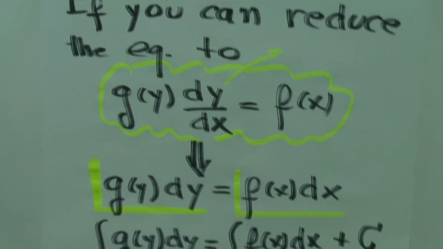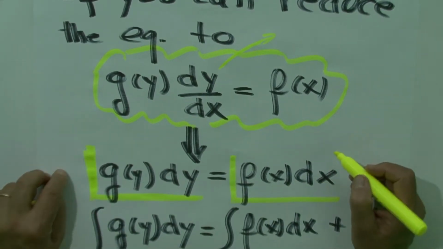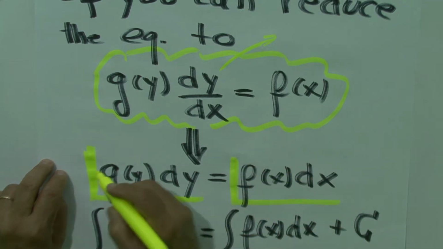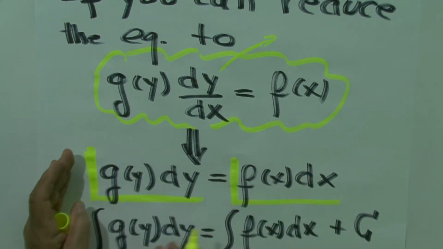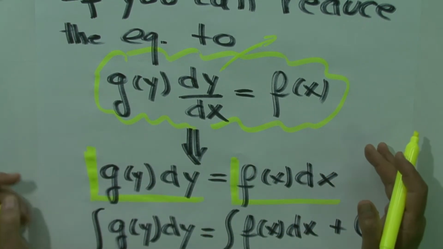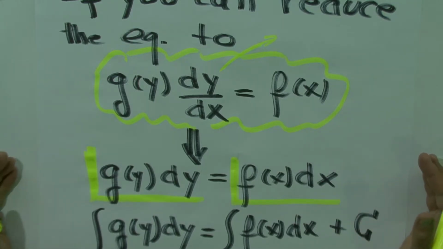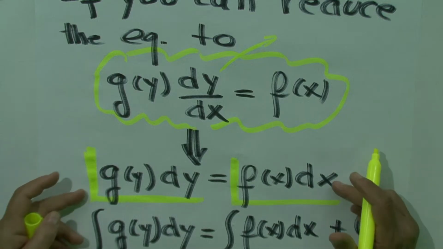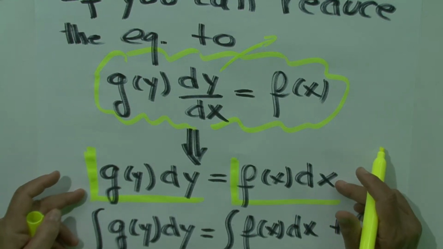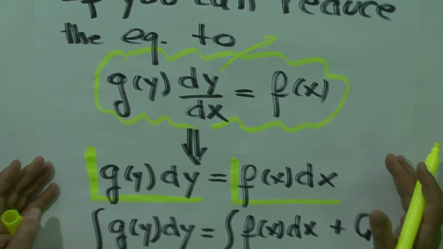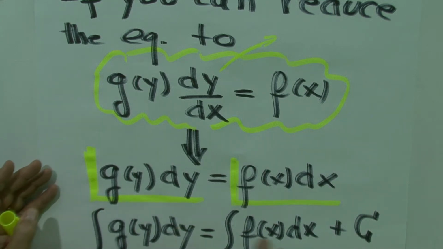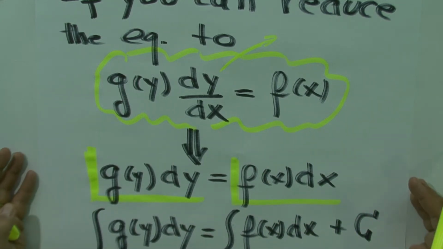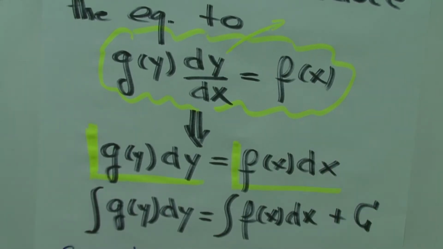In many cases, I can separate the two equations. I can put everything that's y on one side and everything that's x on the other side. And when I do that, I'm in good conditions, because for this to be true, it has to be true always, which means I can treat this part and this part independently, but they must be equal all the time.